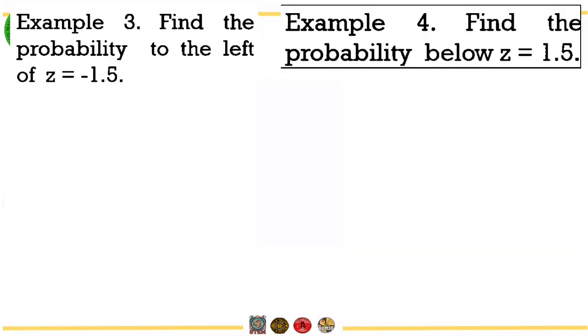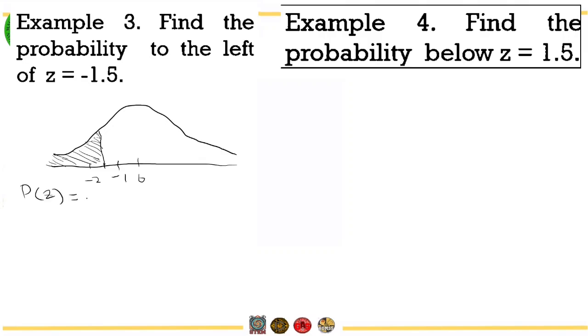Number 3, find the probability to the left of z = -1.5. Again, I suggest we illustrate so that we have a visual representation of the problem. This is -1, this is -2, so -1.5 is between -1 and -2. This is our border, and we find the probability to the left. Based on our illustration, it is less than 0.5.